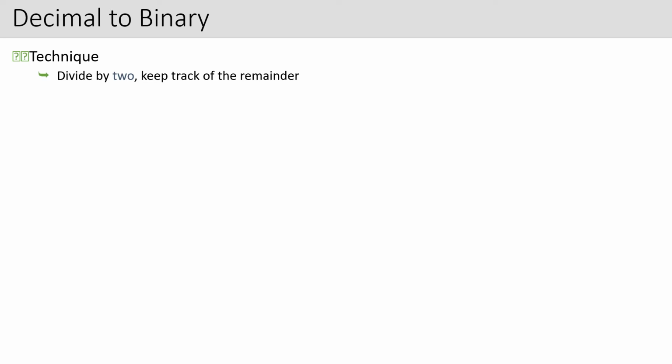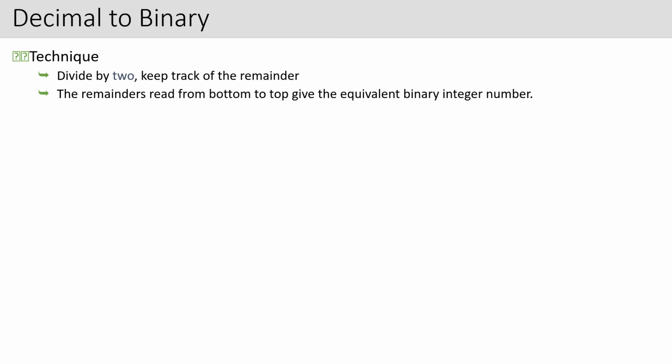Whatever remainder you are getting, you keep a track of it. Then you read the remainders from the bottom to top to give the equivalent binary integer number.